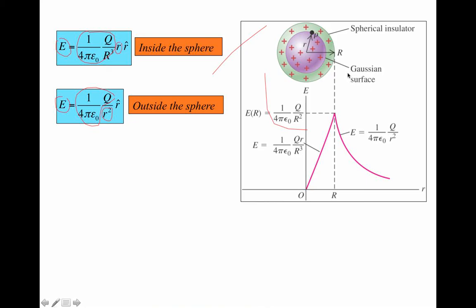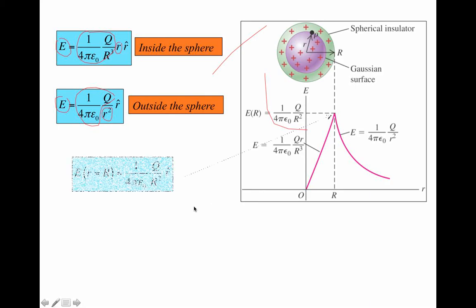So inside the sphere it is linear, up to when r is equal to R, up at this region here, and then after that, when you get to R, it becomes 1 over r squared.